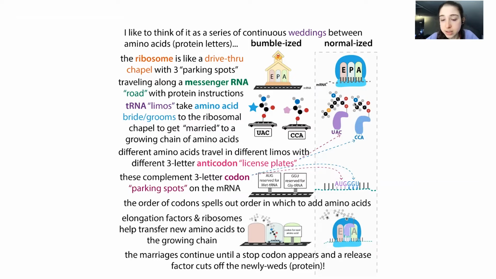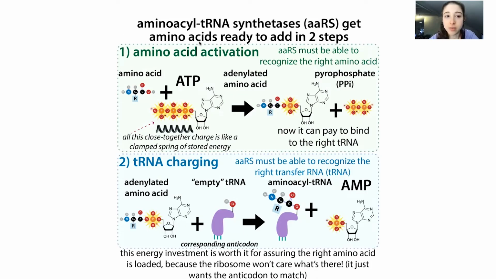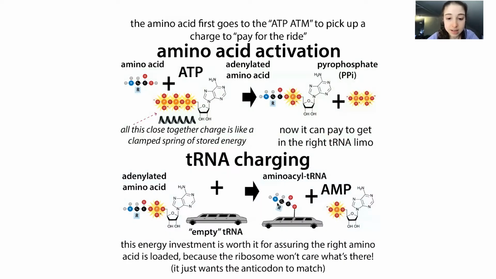So the enzyme that adds this amino acid onto this tRNA, we call this tRNA charging, needs to be able to correctly bind to the right amino acid and to the right tRNA. This is done with the help of an amino acid tRNA synthetase, or an AARS, that's able to recognize both of them and help facilitate this process.